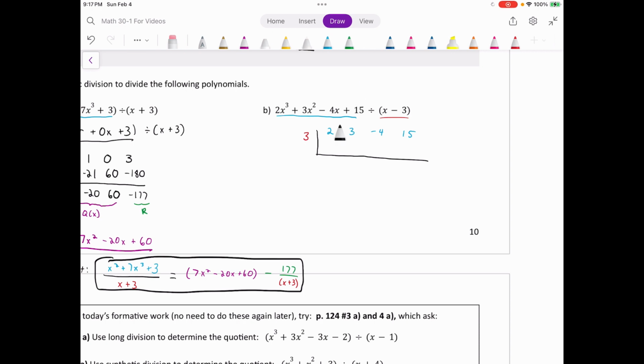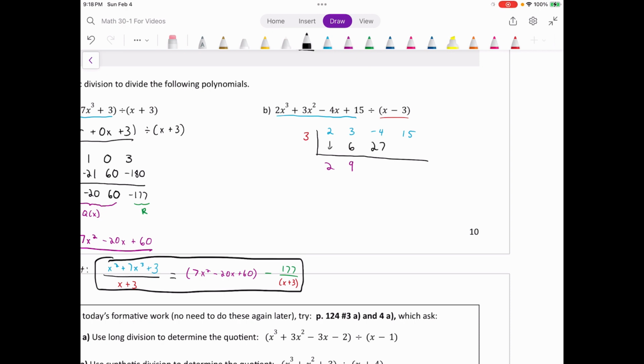So I'm going to bring down the 2. That's 2. Okay, maybe I'll be consistent with my color coding. Now I multiply, so 3 times 2 is 6. Add down the columns. 3 plus 6 is 9. And we just keep repeating, making our way down this until we hit the end. 3 times 9 is 27.